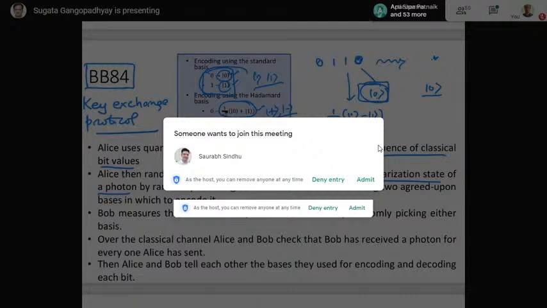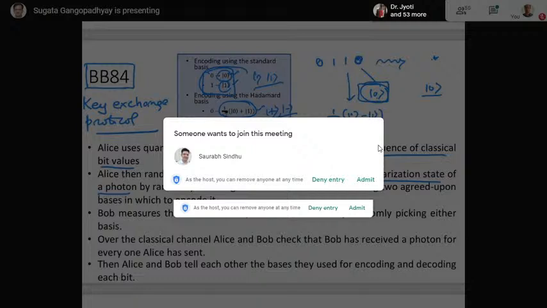Yes. So the point is, suppose this is the first bit that Alice gets, and she encodes it as 0.